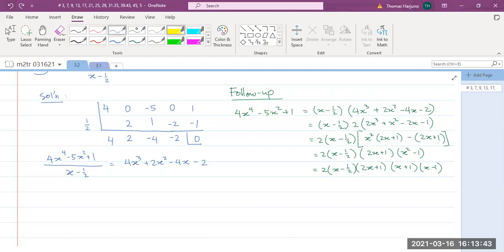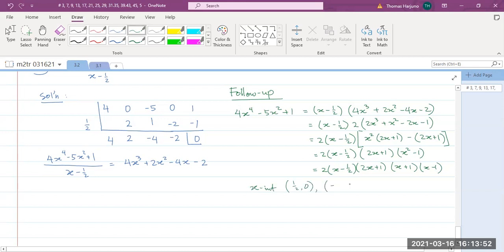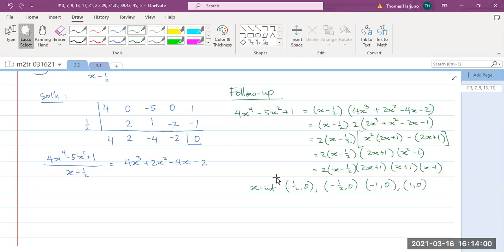Okay, so let's see. So x-intercepts are 1/2 comma 0, negative 1/2 comma 0, negative 1 comma 0, 1 comma 0. Maybe I'm a bit too fast. Let me insert one statement in between.